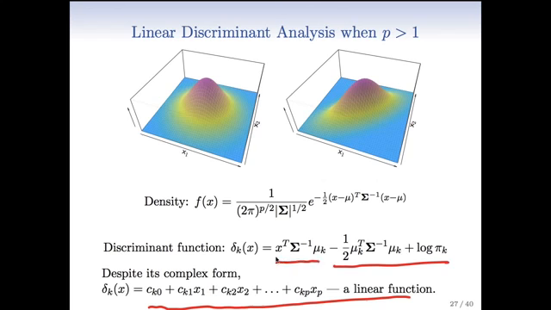Remember, x is a vector in this case, and so you can expand this expression and get this term over here. And I think I forgot to mention it before. The idea of the discriminant function is that you compute one of these for each of the classes, and then you classify to the class for which it's largest. You pick the discriminant function that's largest.